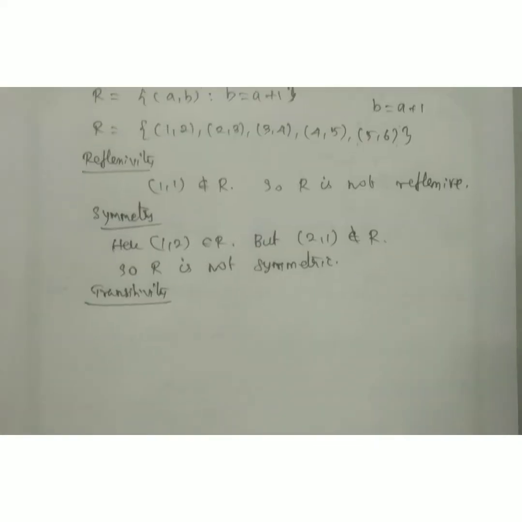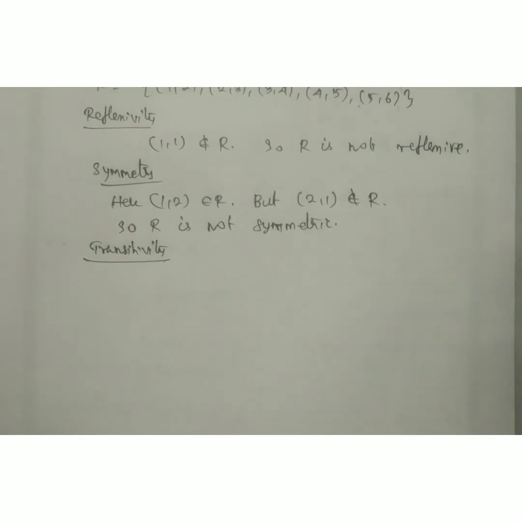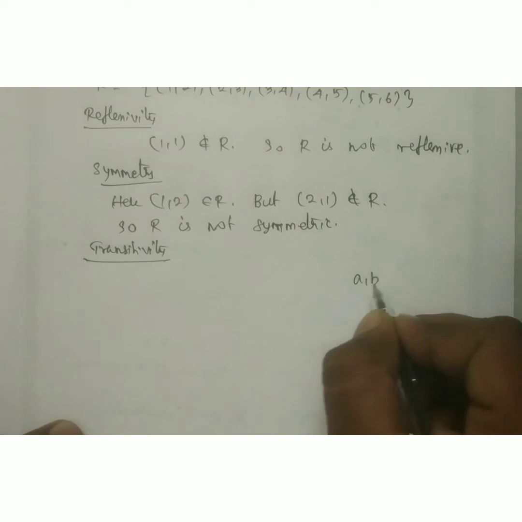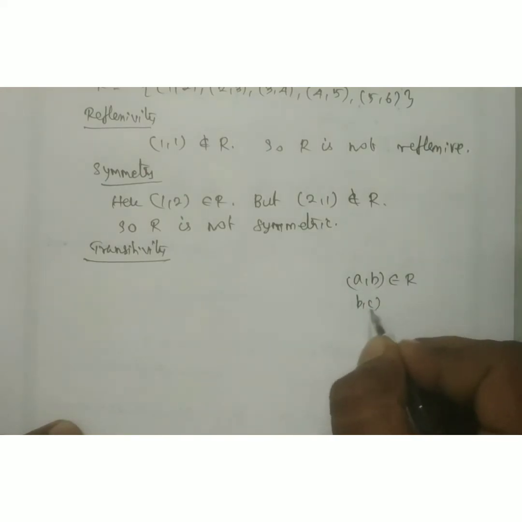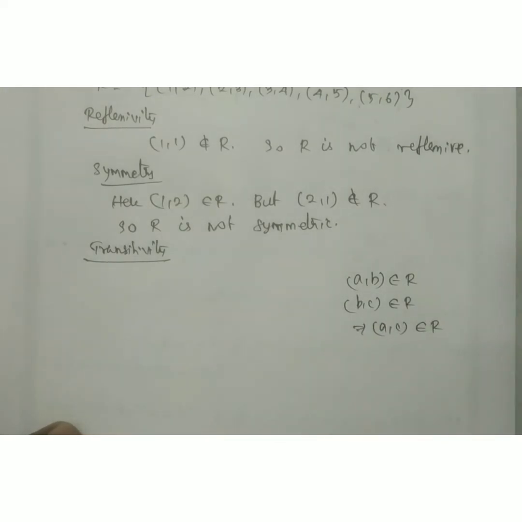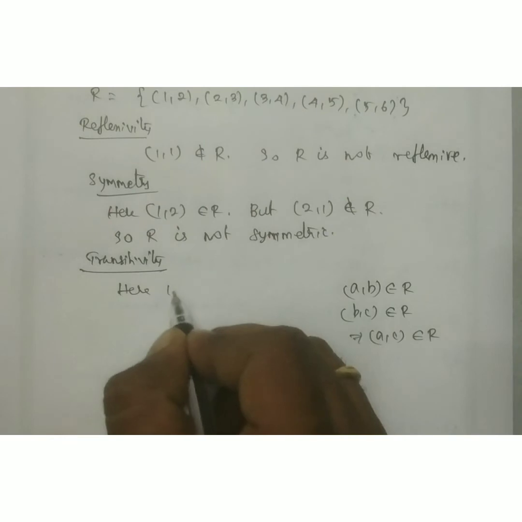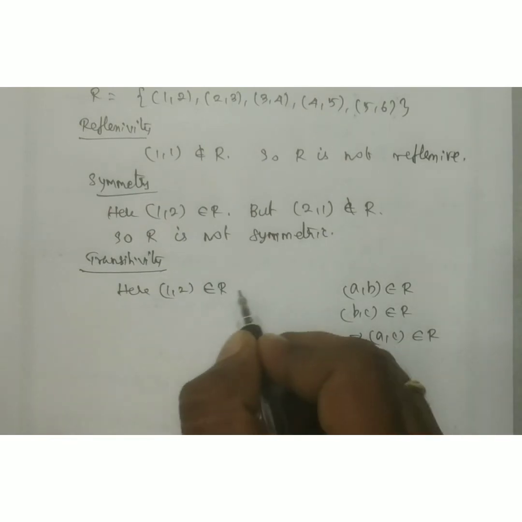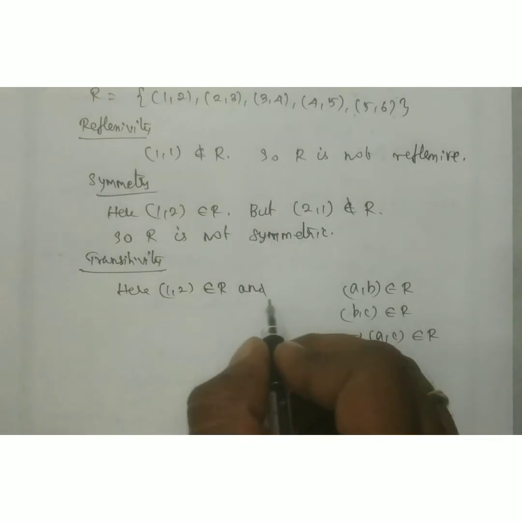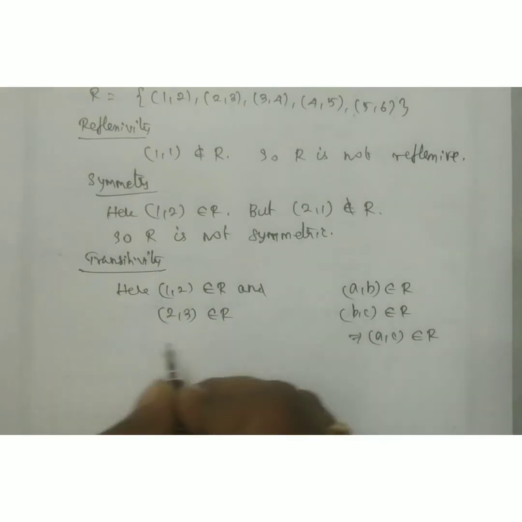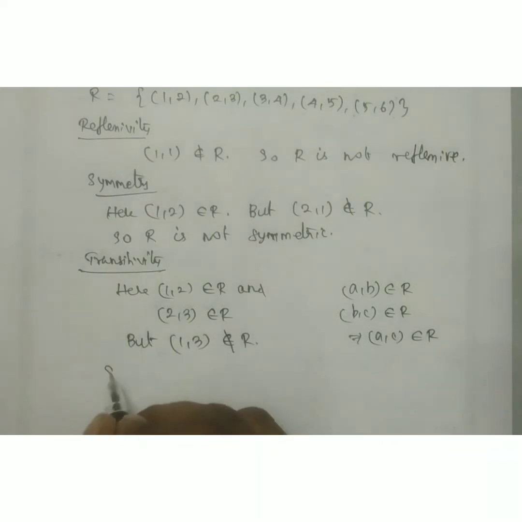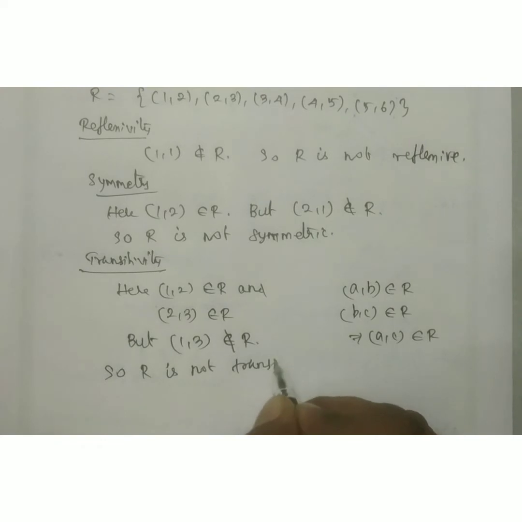How to check the transitivity? Transitivity means we need to show that (a, b) belongs to R and (b, c) belongs to R implies (a, c) also belongs to R. For example, (1, 2) belongs to R and (2, 3) also belongs to R, but (1, 3) does not belong to R. So easily I can say R is not transitive.